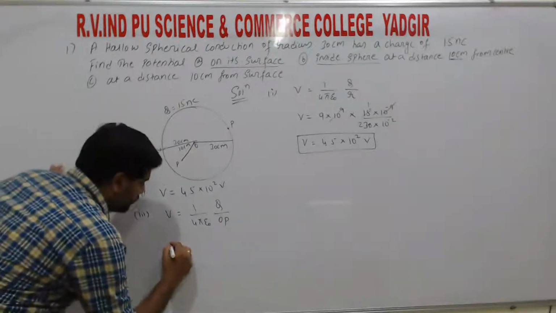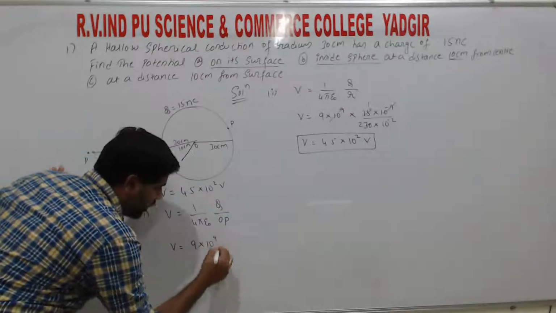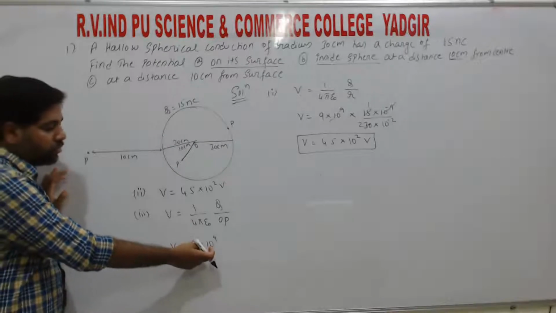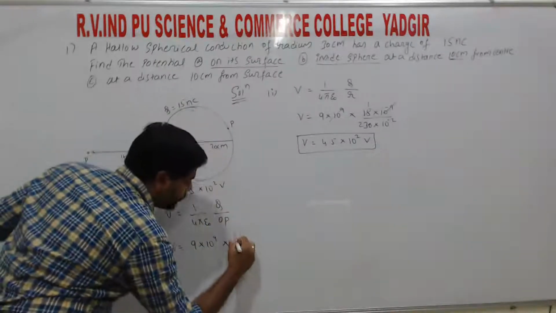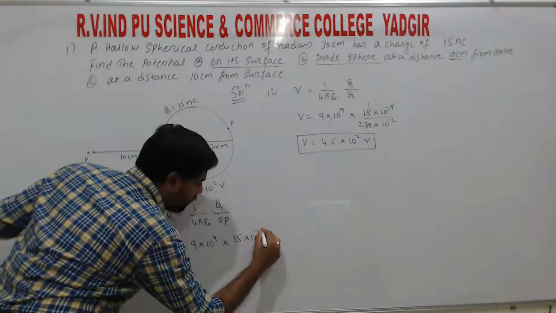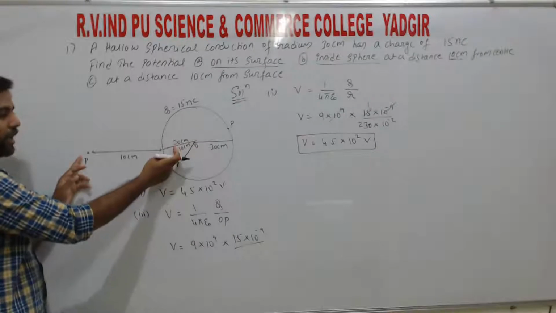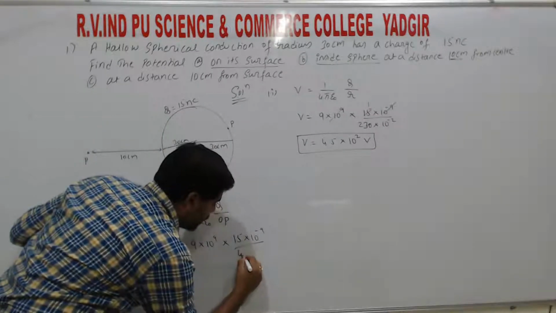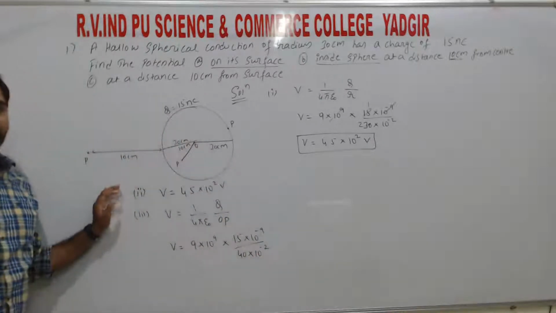So V is equal to 9 into 10 to the power of 9, that is the value of 1 by 4 pi epsilon naught, into the charge Q, 15 into 10 to the power of minus 9, and the distance from O to P is 30 centimeter plus 10, so the total is 40 centimeter, that is 40 into 10 to the power of minus 2 meter.